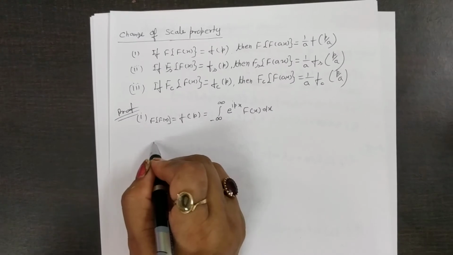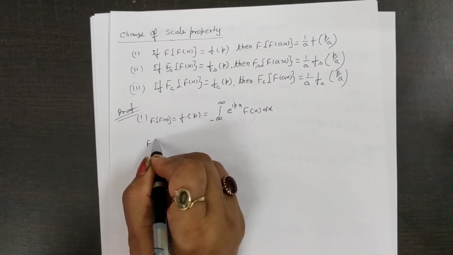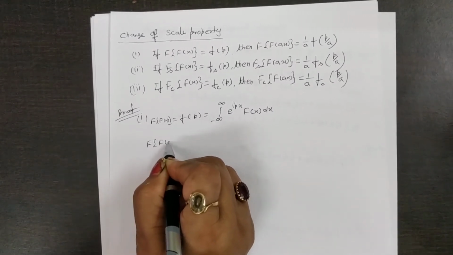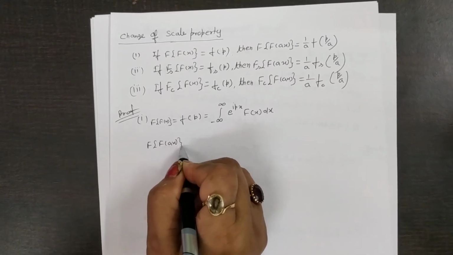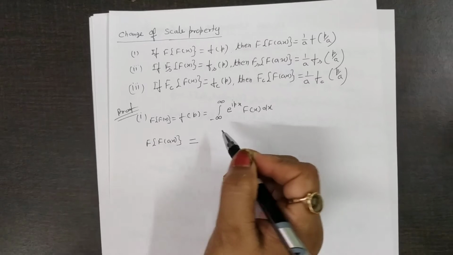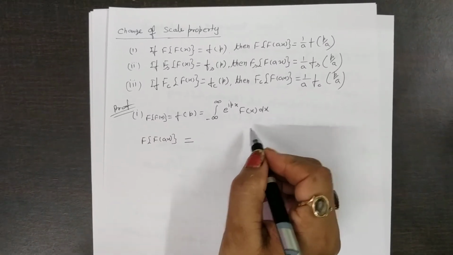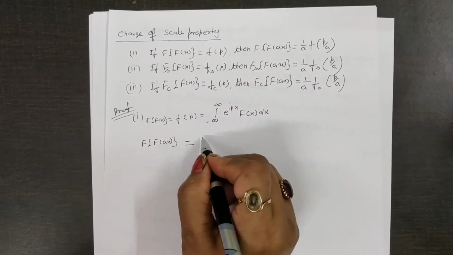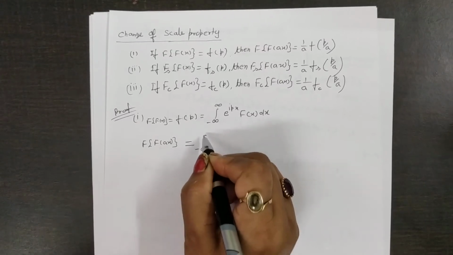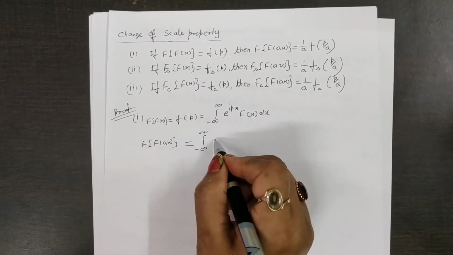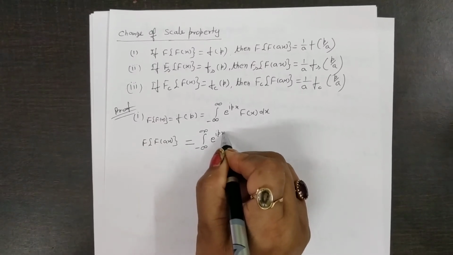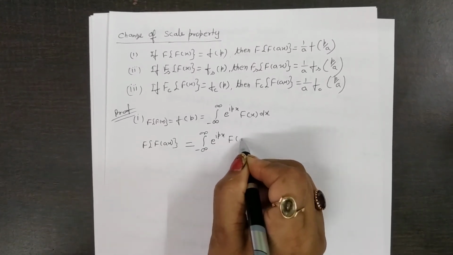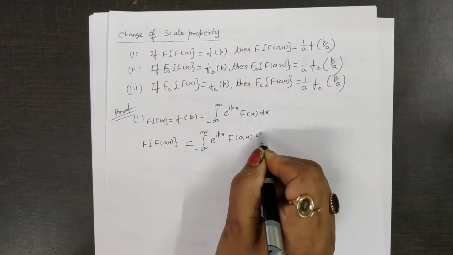Now for f(ax), operating the same property, this can be written as the integral from minus infinity to infinity of e to the power ipx f(ax) dx.